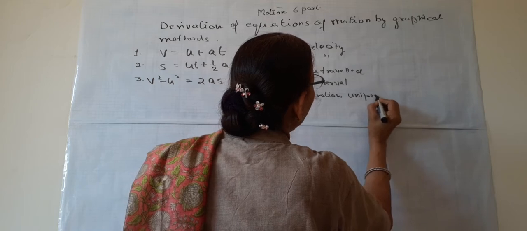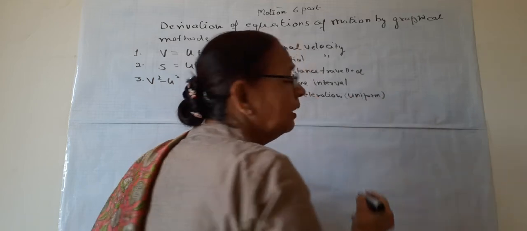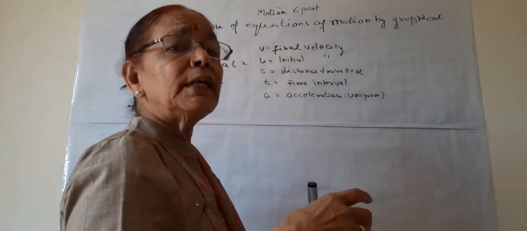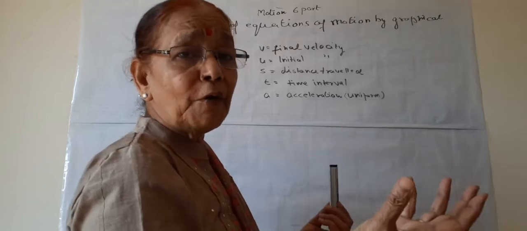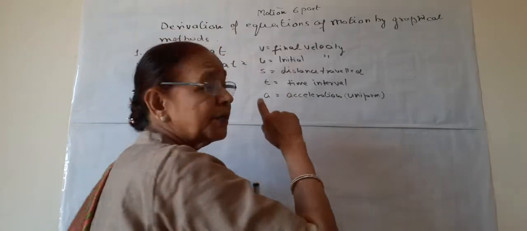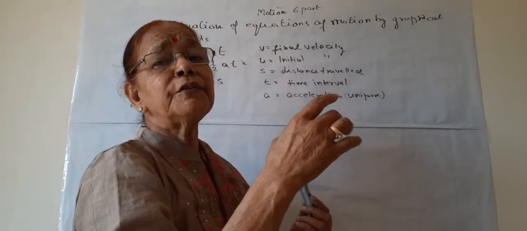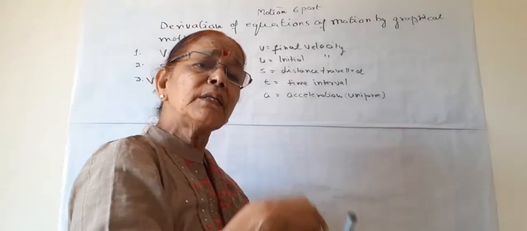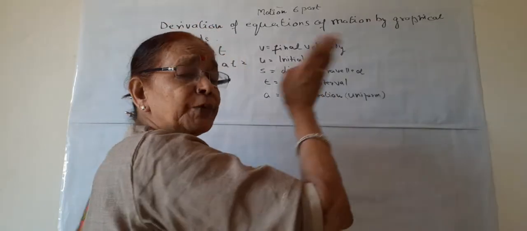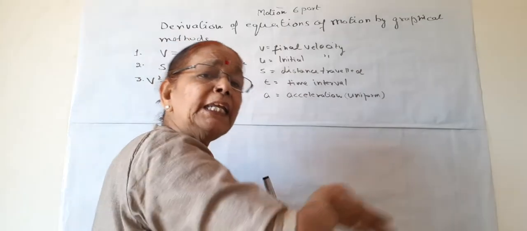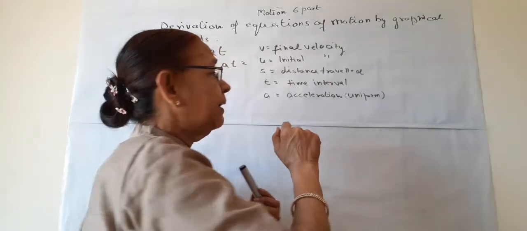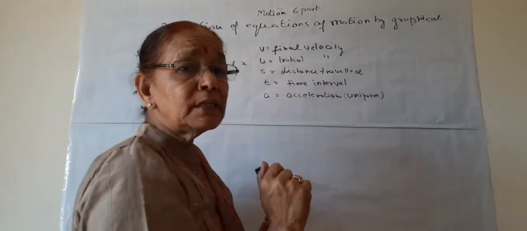All of you know what uniform acceleration is. When the change in velocity is uniform, that is, uniform acceleration is the rate of change in velocity where the change is uniform and the object is traveling in a straight line or in the same direction, then the acceleration is uniform.